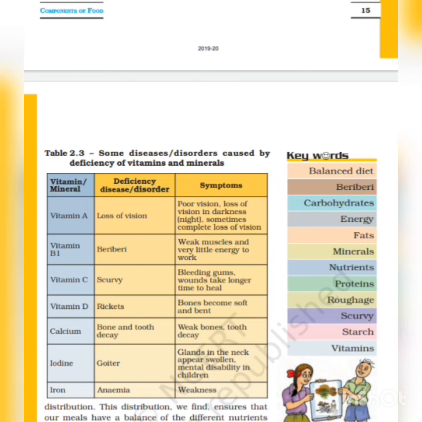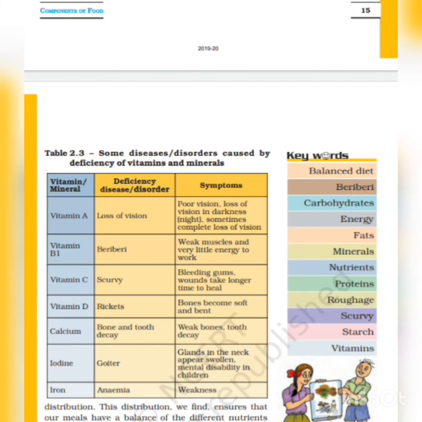If you have a deficiency of these nutrients, then you will have this kind of disorder or disease. So take care of yourself, eat every kind of food, so that you can get every kind of mineral, vitamin and nutrient, so that your body does not suffer from any disease or disorder. Okay? Learn this table 2.3, which vitamin and mineral has which disorder and what are their symptoms. Okay?